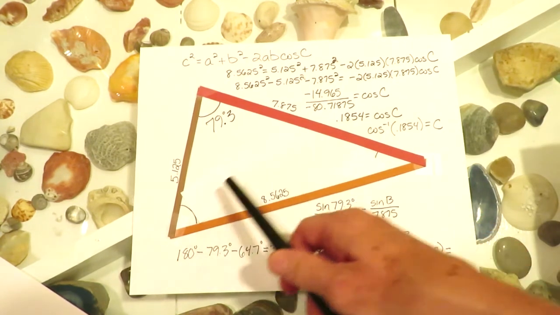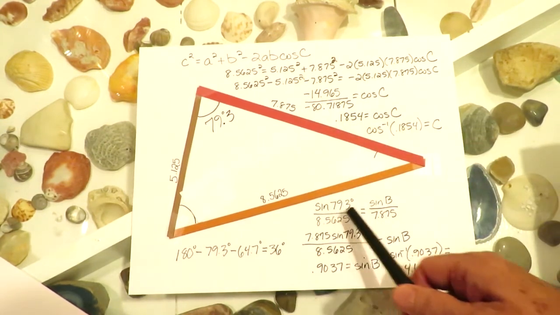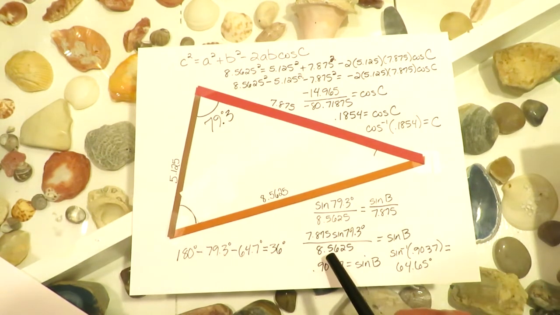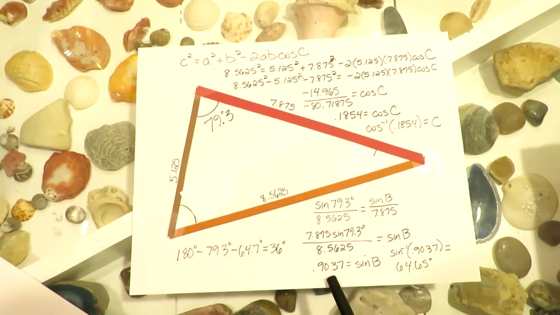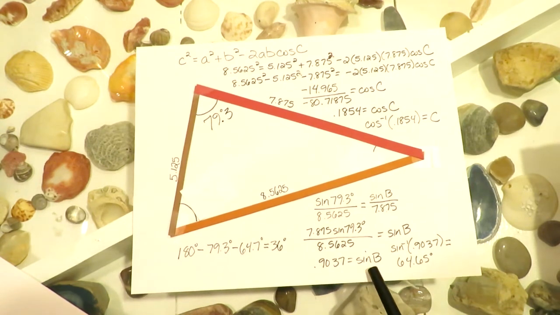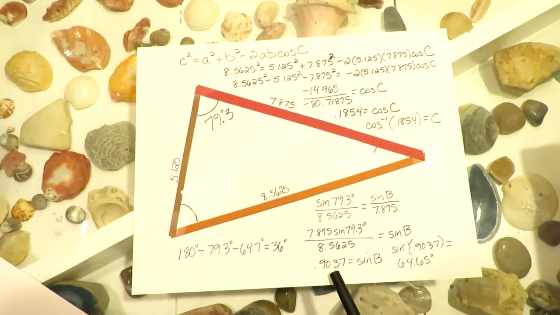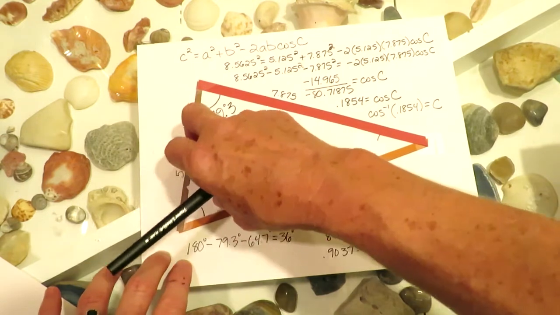So sine of B will be this angle over that side, and I multiply both sides by 7.875, and that will give me some decimal. It happens to be 0.9037 if you calculate this product and quotient. That's equal to sine of B. Inverse sine of that value is 64.65 or 64.7 degrees.